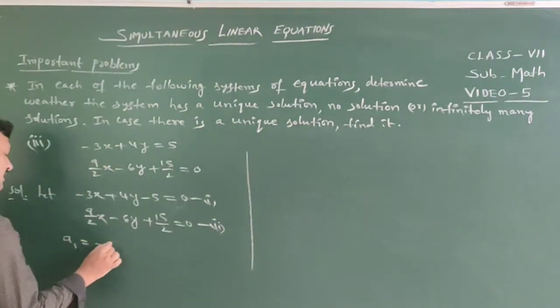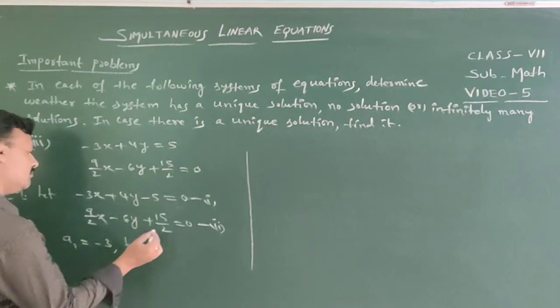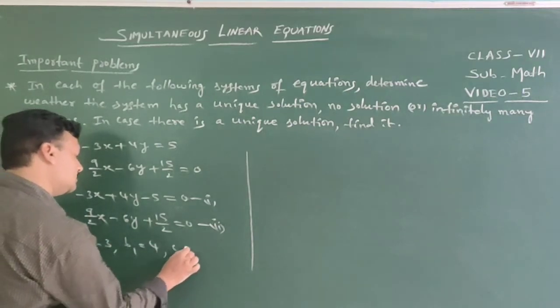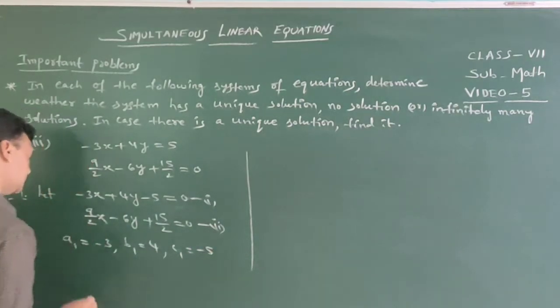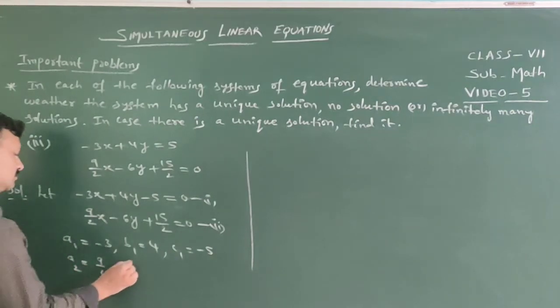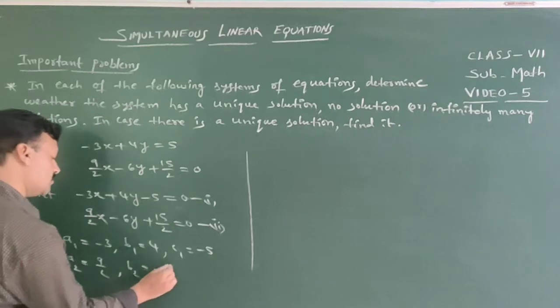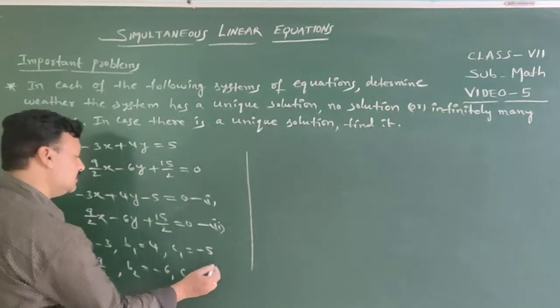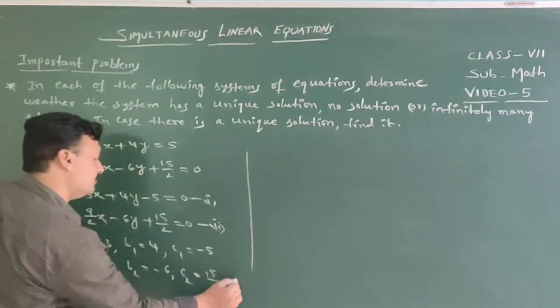Here a1 equal to minus 3, b1 equal to 4, c1 equal to minus 5, a2 equal to 9 by 2, b2 equal to minus 6, c2 equal to 15 by 2.